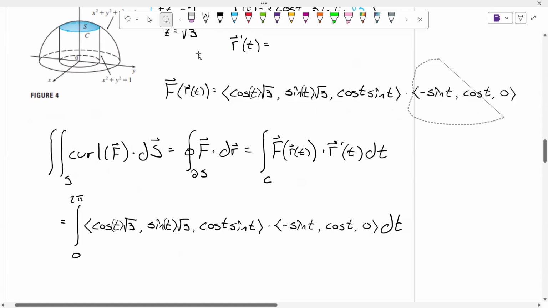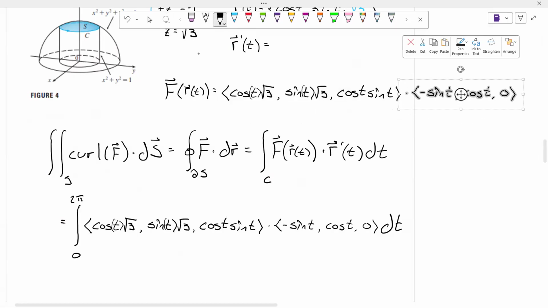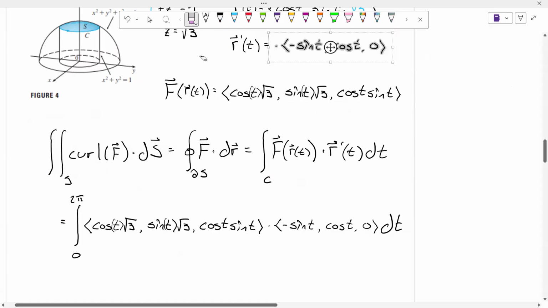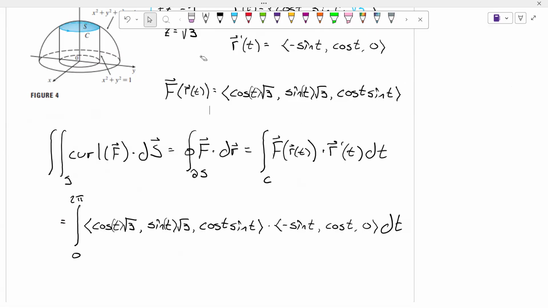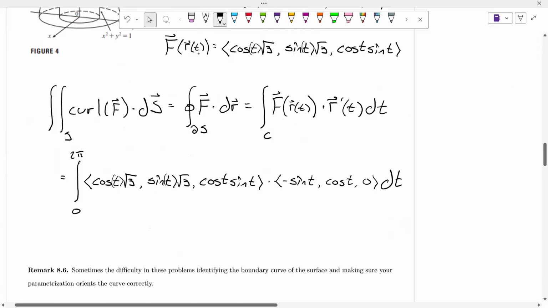And I would like to move that 0 out of the way, just simplify that dot product before I try to integrate this thing, 0 to 2 pi. Let's see, what do we get?